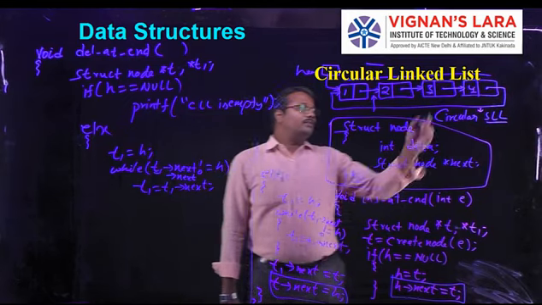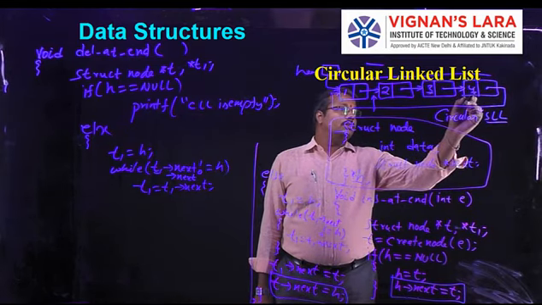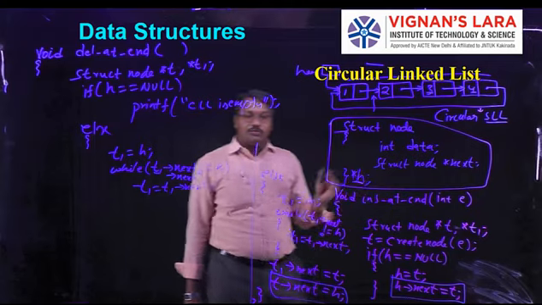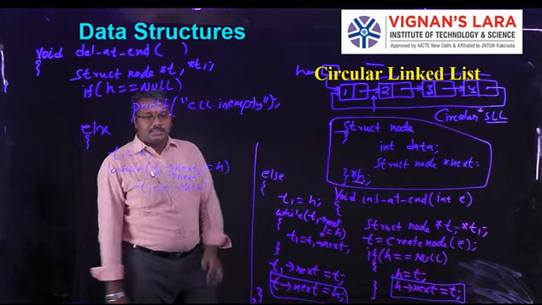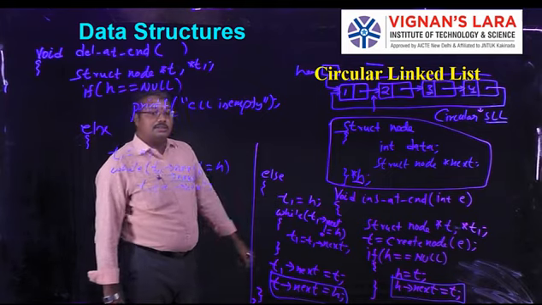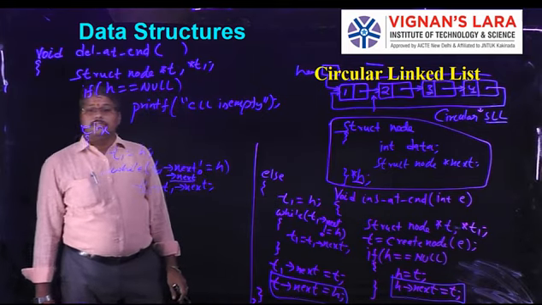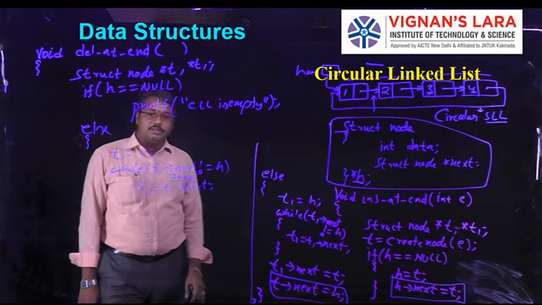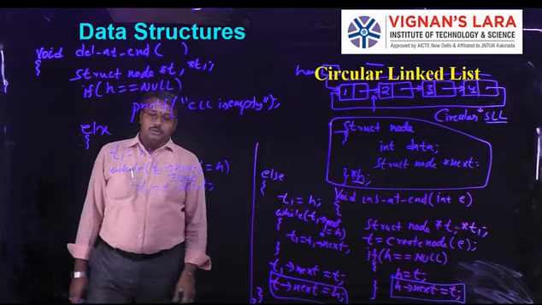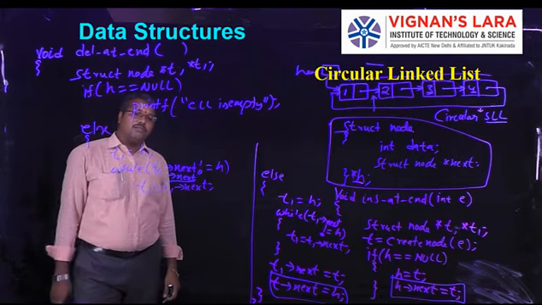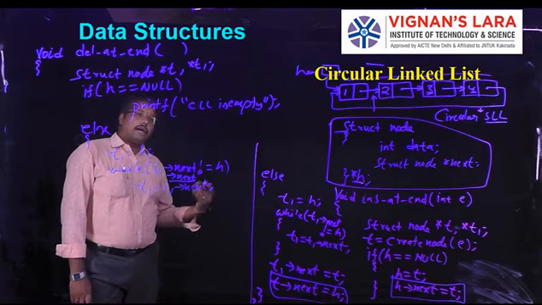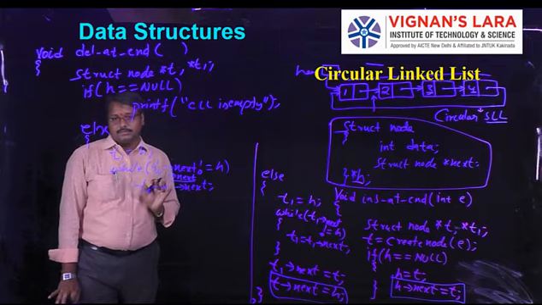So whenever I want to delete the last node, I need to get the address of the node before the last node, then only I can delete the last node. That's why here one step checking is very, very important. So when we are iterating this loop, T1 is equal to T1 of next, we need to get the address of the node before the last node.